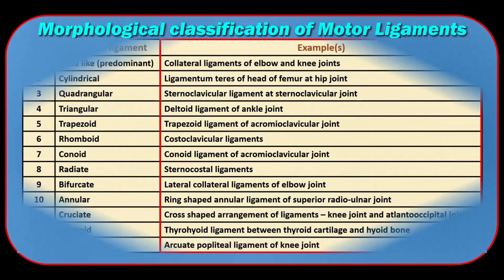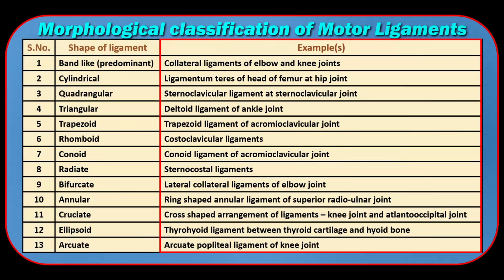Now I am going to explain the types of ligaments according to their morphology. According to morphology, the ligaments are classified into the following types. 1. Band-like ligaments, mostly present in our body around the joints. 2. Cylindrical type of ligaments. 3. Quadrangular, rectangular or square-shaped ligaments. 4.